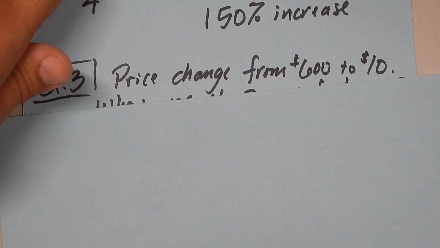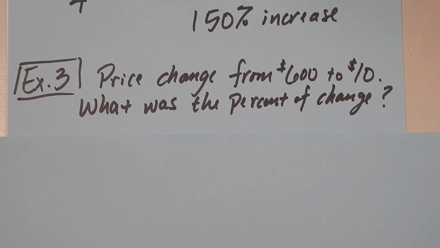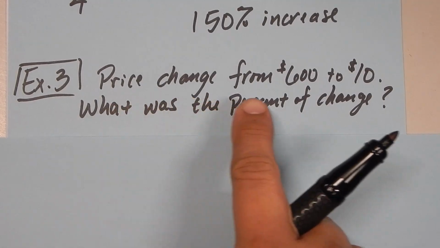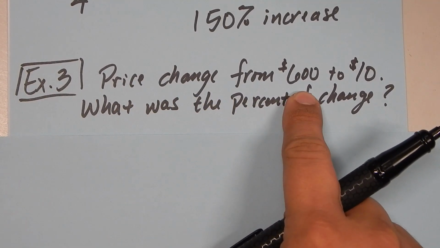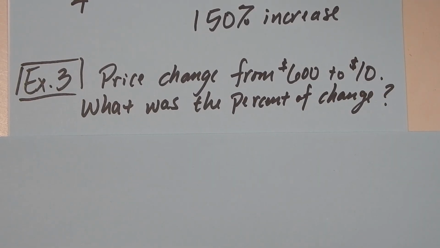Okay, more examples. Let's look at some bigger numbers here. A price change from $600 to $10. Now, a lot of these problems that you're going to see with percents of change are going to deal with discounts and sales tax, that type of thing.